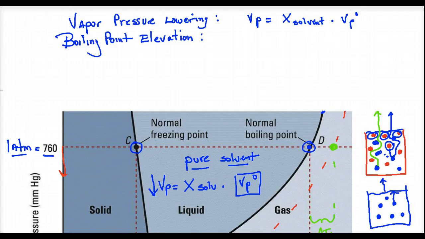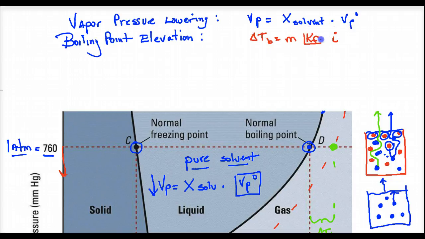Boiling point elevation is the change in temperature in boiling is equal to the molal concentration times the K of B, which is a constant for water or any other liquid we want, times something called the I. We'll talk about those in a second.